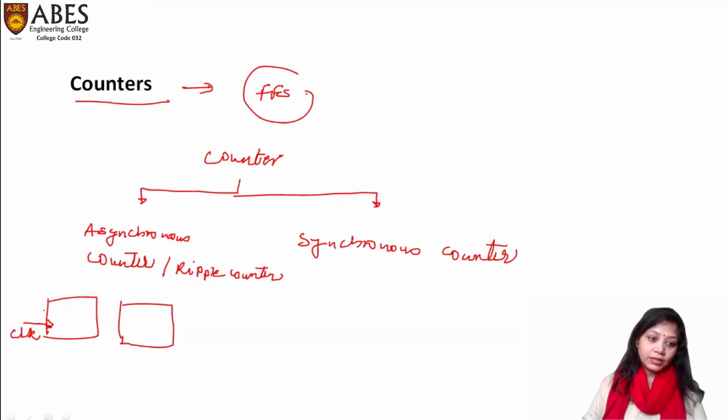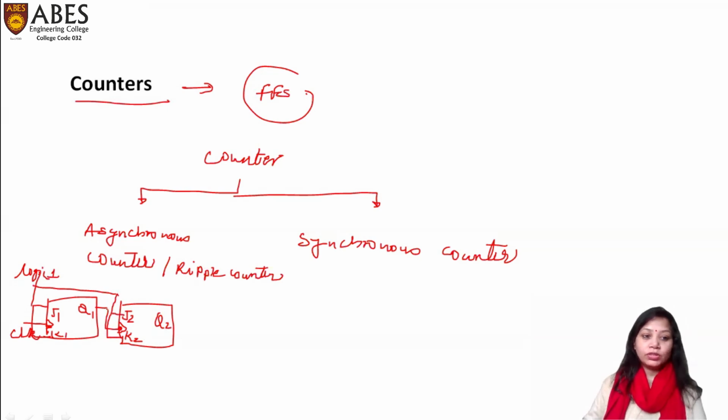Suppose we are making this counter using the JK flip-flop. This is J1, K1, and output is Q1. J2, K2, output is Q2. So the first flip-flop we give the clock pulse, and the output of the first flip-flop goes to the clock of the second flip-flop. The inputs J1 K1 are connected to logic 1 and J2 K2 are also connected to logic 1.